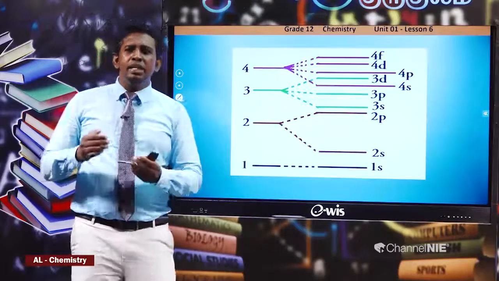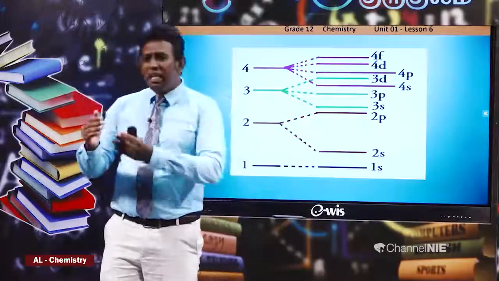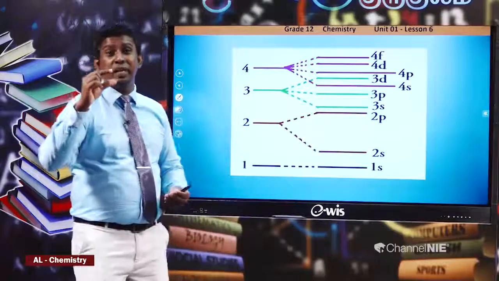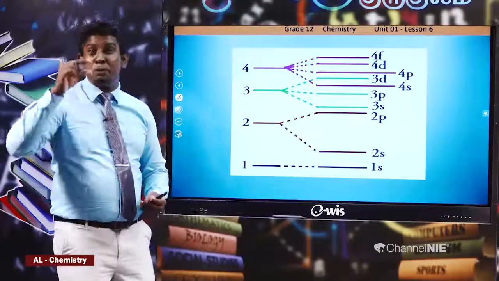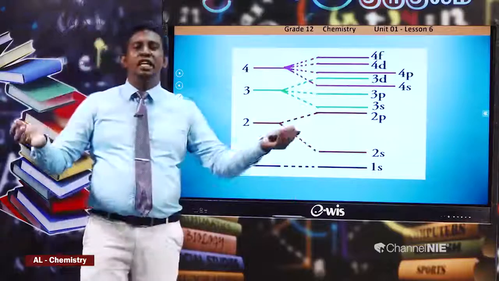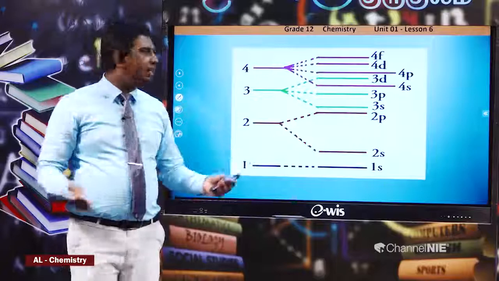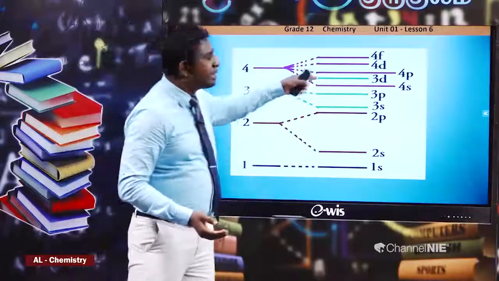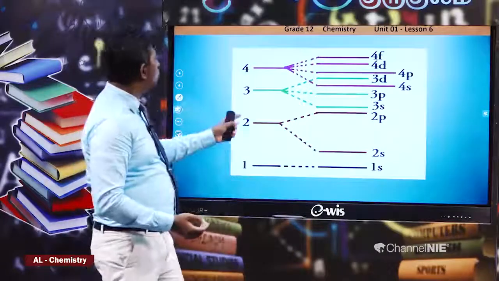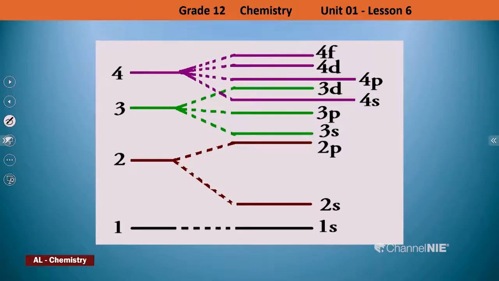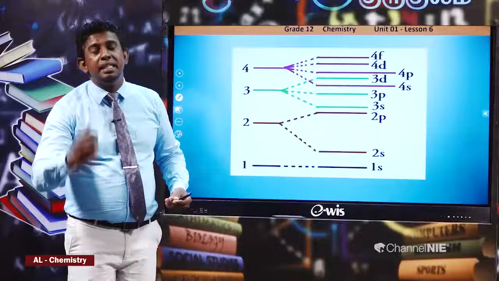But as you go away from the nucleus, with the increase of energy, the gaps between shells get decreased. With that, students, we find it's quite messy. When it goes to upper energy levels, their lower subshells would be quite lower than the upper subshells of lower energy levels.